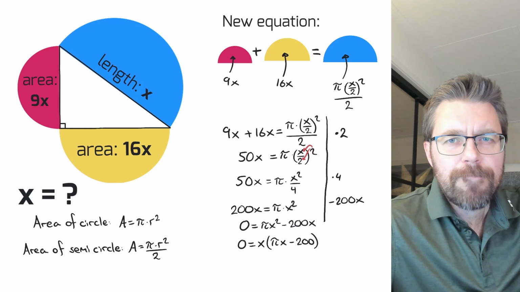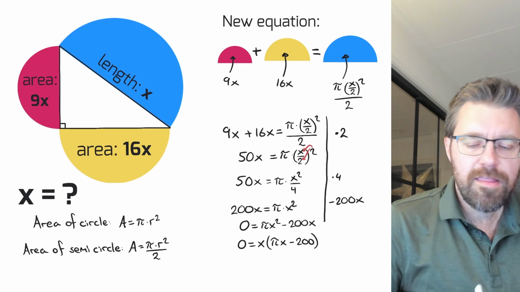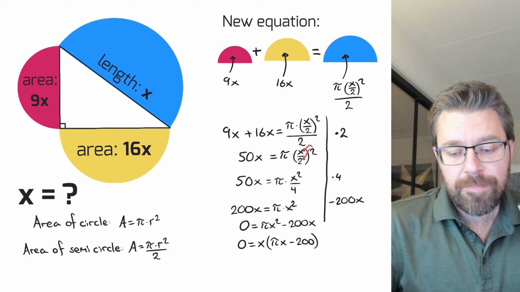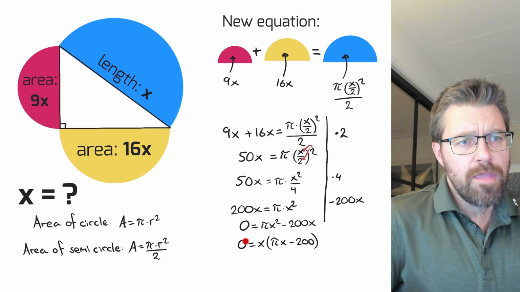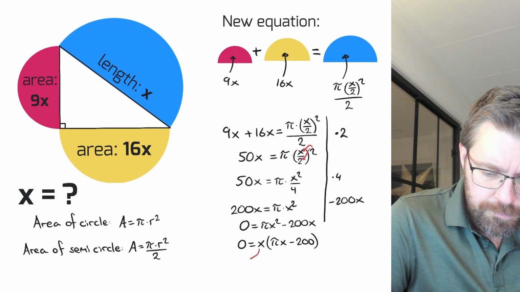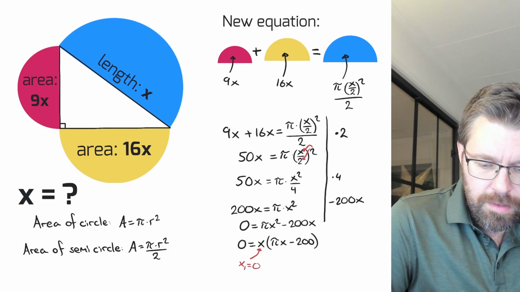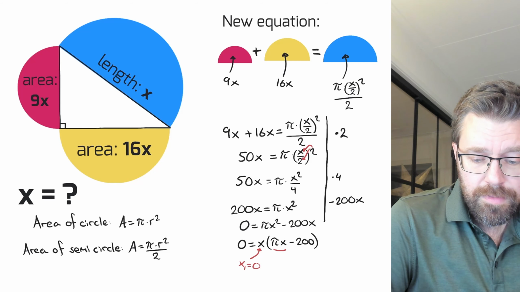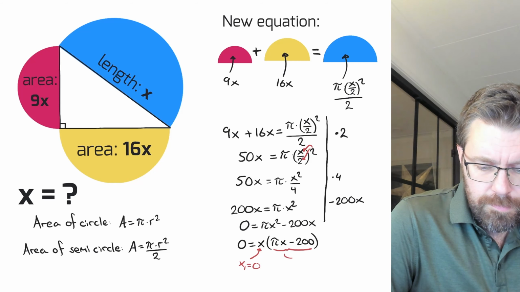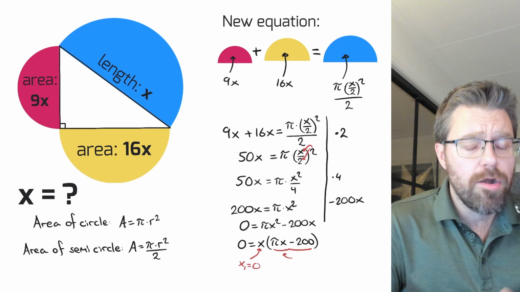And now we can solve the equation. This is the zero product property, which tells me that for the product to be 0, either this x in front needs to be 0, or the whole parenthesis, the other factor, needs to be 0. So one of them equals 0.